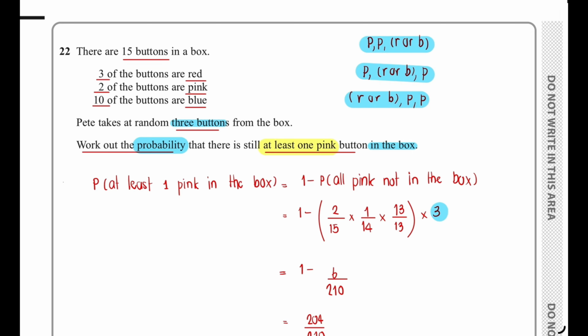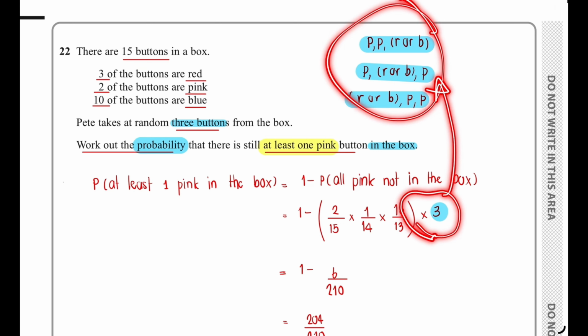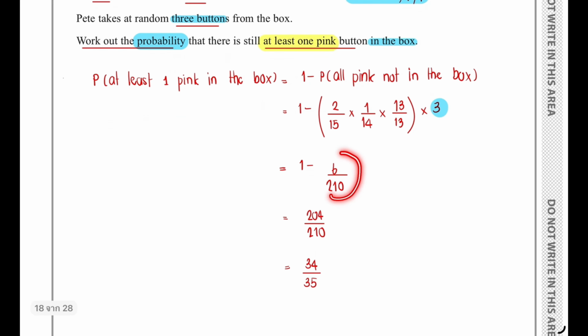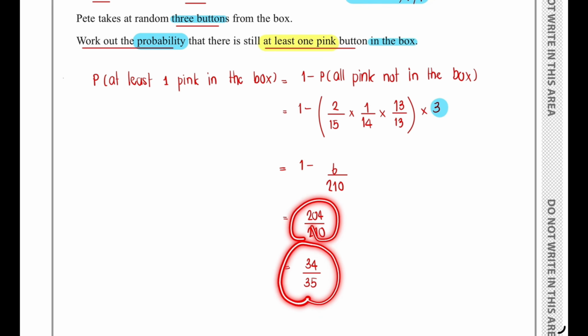So I will have 1 minus 2 over 15 from the pink, and 1 over 14 again from the pink, and we will have 13 of red and blue, so it will be 13 over 13, and we have to multiply by 3 since we have 3 scenarios here. So we will have 1 minus 6 over 210, which is equal to 204 over 210. If we make it into the simplest form, it will be equal to 34 over 35.